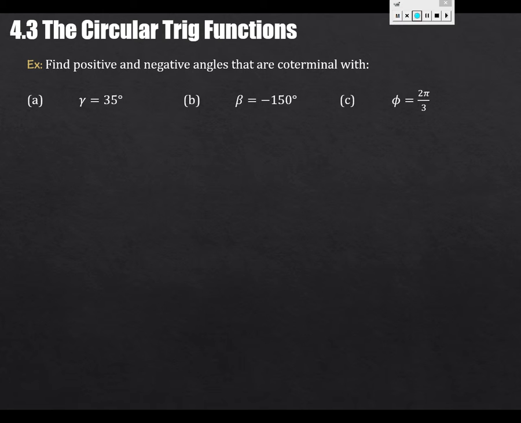It's not theta. Yeah, it's phi or phi, depending on how you pronounce it. But give me an example of another positive angle that has the same terminal side, and also a negative angle that has the same terminal side as the first one, and do the same for the others.